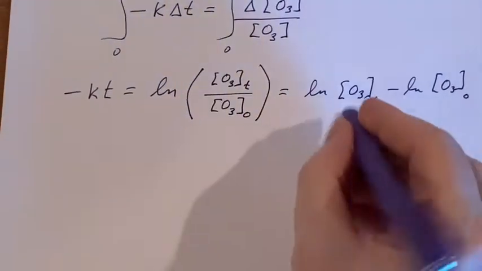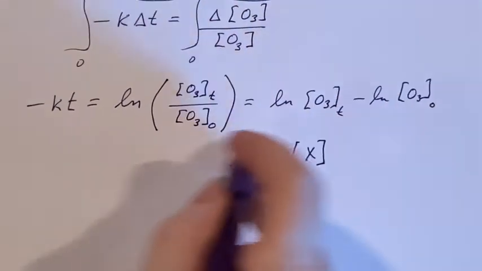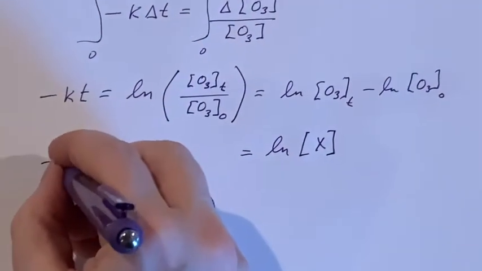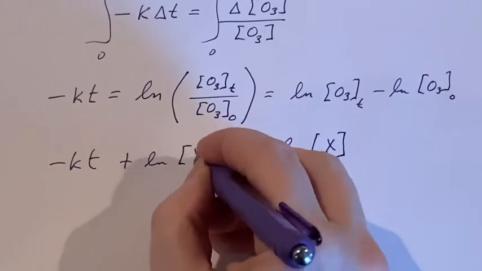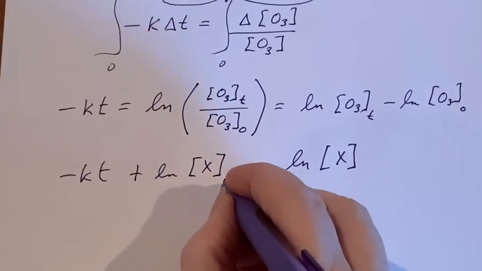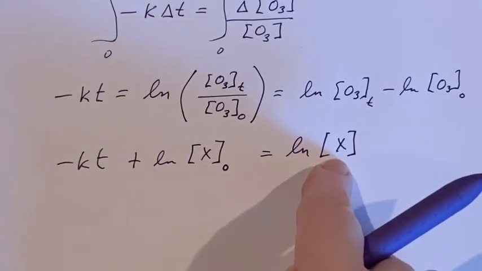So natural log of X would be equal to, and now I'm going to pull this over here, minus kt plus the natural log of the substance at time 0. We've left off the t, it's implicit. I'm trying to figure this out at time t.